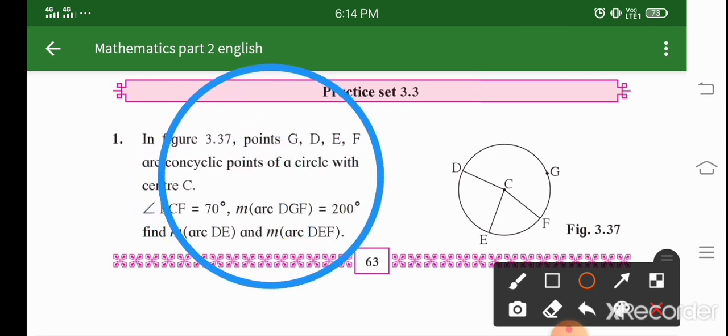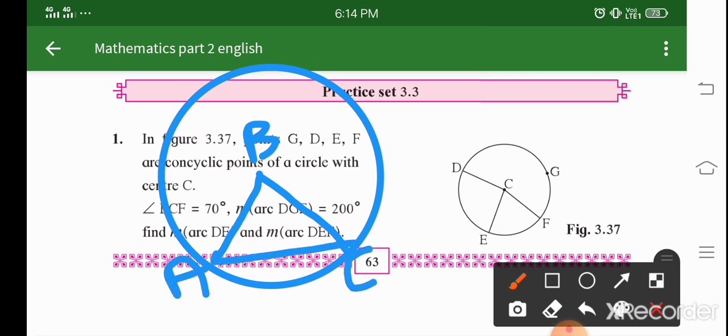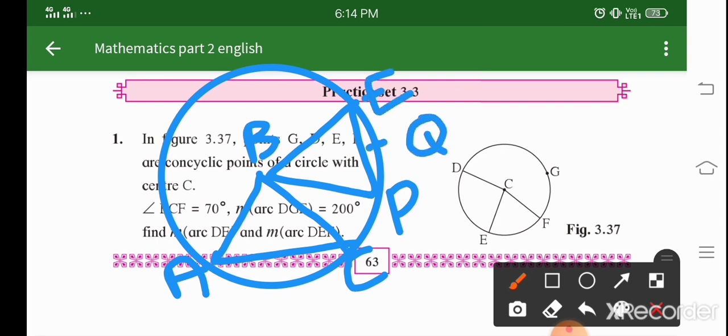I'll show you. Suppose it's a circle with center B, and this is a chord, this is A, this is C. Similarly we can write over here also, this is a chord, that is D, and this is E. Let's suppose there is a point over here Q and here P.